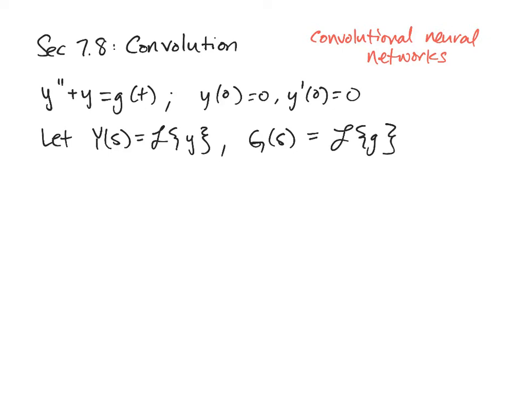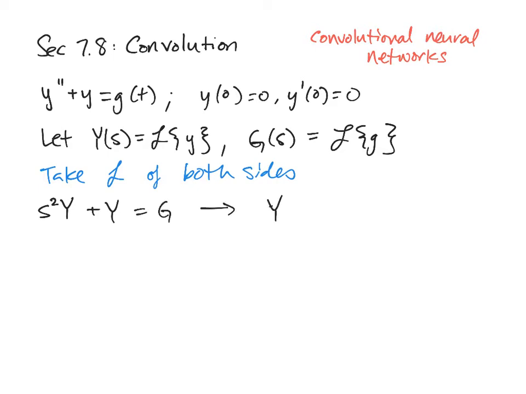And then if we take the Laplace of both sides, we end up with s squared Y plus Y equals G. And then if we solve for big Y, we get 1 over s squared plus 1 times big G of s.